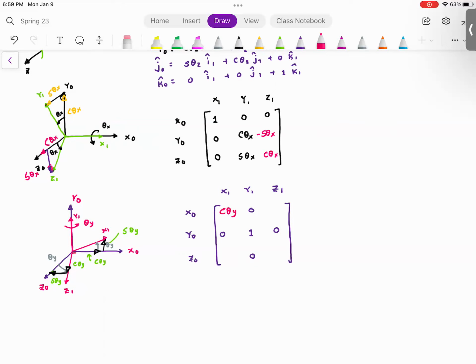So this is cosine theta y, right? Are you with me? Projection of x1 on z0 is minus sine theta y. Are you with me? Because see here, it will go like this.